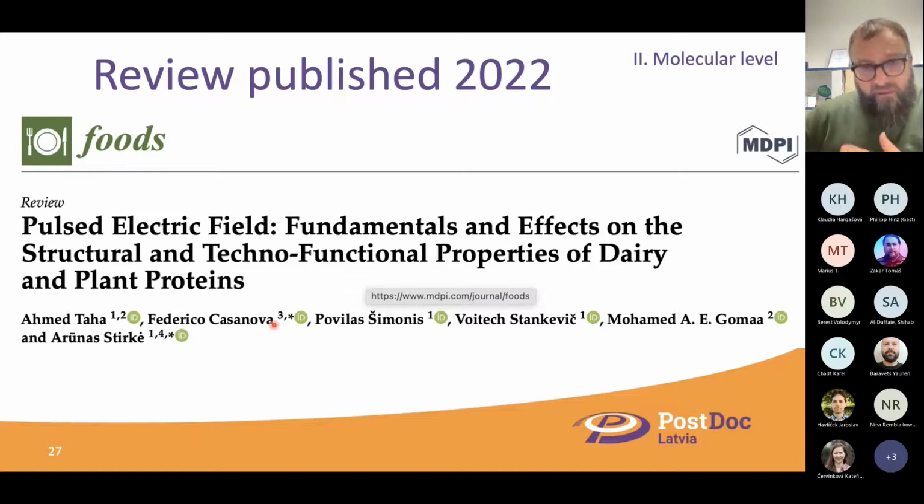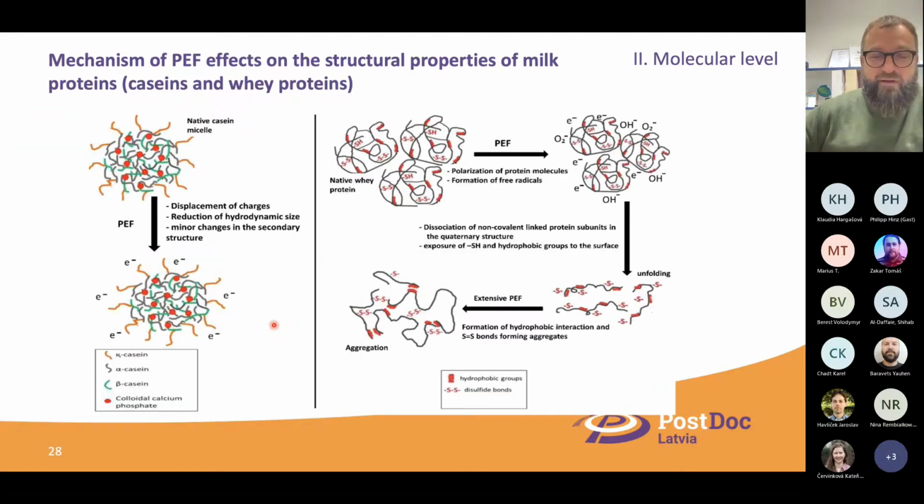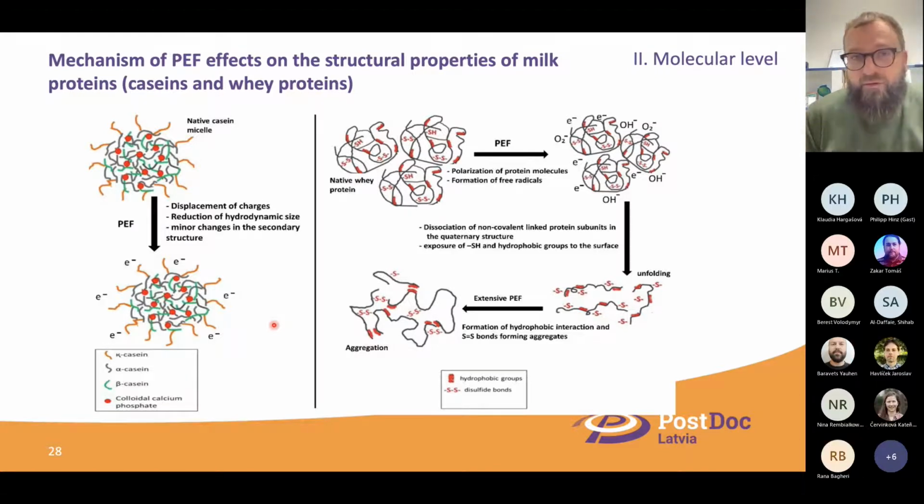What we understand from this review is that PEF can affect the structural properties. In that review, we mainly focused on milk proteins, but such knowledge can be used to understand other proteins.